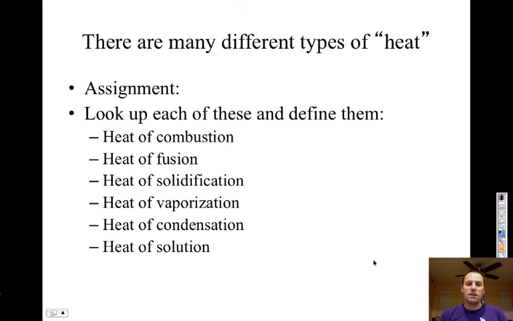If something is combusting, is heat being released or is it being absorbed? Think of a fire, it's being released. The only reason I know it's being released is because I'm part of the surroundings. I can feel the heat coming out. So that's the definition for heat of combustion, the heat released when something burns. So you can look up the rest or figure out the definitions of the rest as part of your notes, and I will look for those when I check your notes tomorrow.